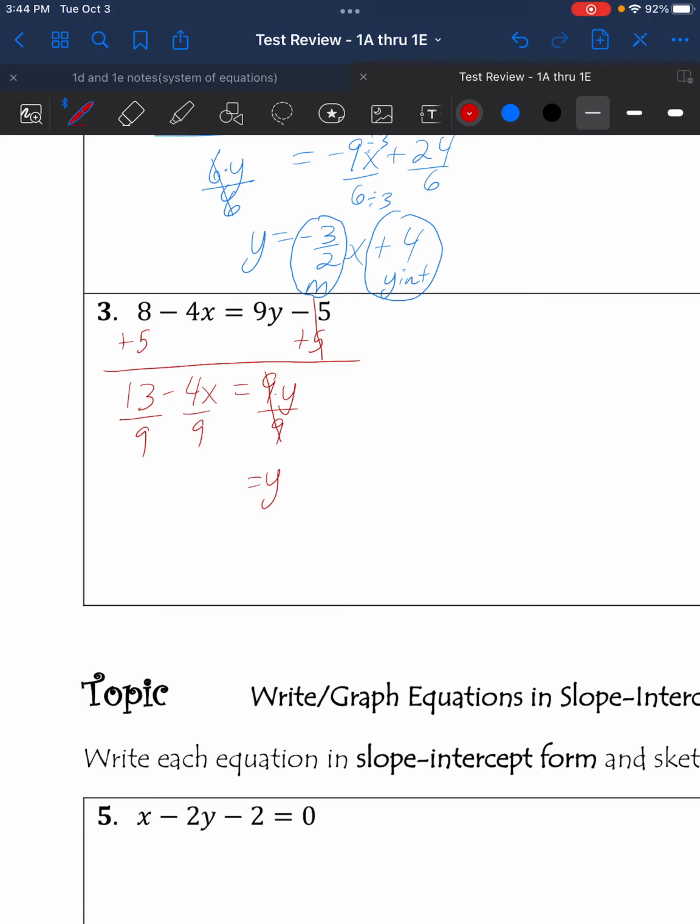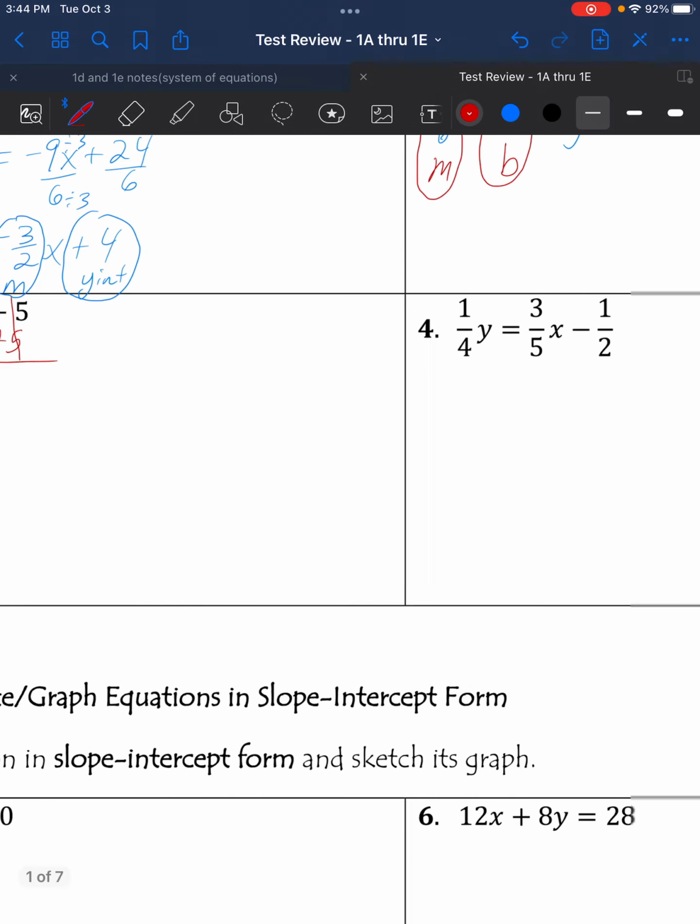So we have y equals 13 ninths, and 4 ninths can't reduce. My y-intercept, my b, is 13 ninths. My slope, or my m, is negative 4 ninths. Not the x, just negative 4 ninths.